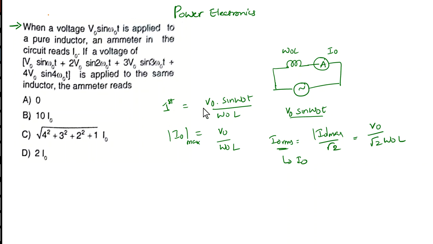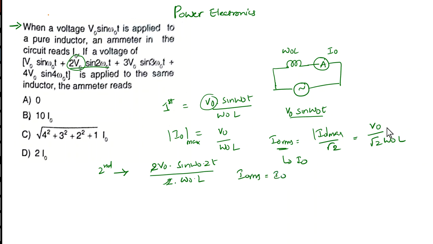Now due to the second order harmonic, I want to find the magnitude. What is the current? The magnitude here is 2 V naught, so 2 V naught sin of omega naught into 2t, divided by 2 into omega naught into L, since it's second order. The 2 gets cancelled, so the I naught RMS will be equal to I naught here also.